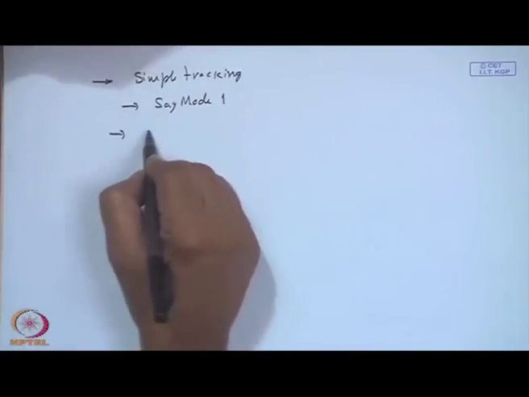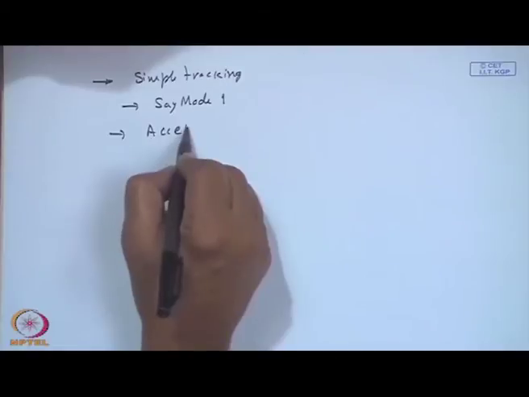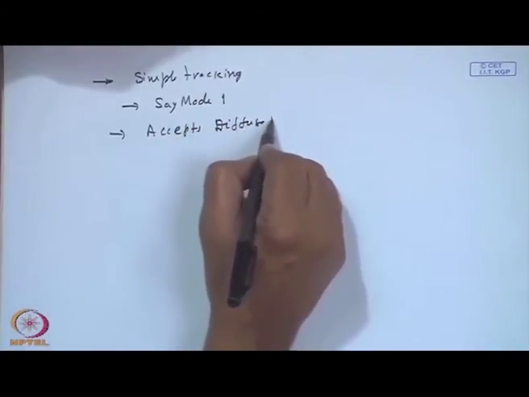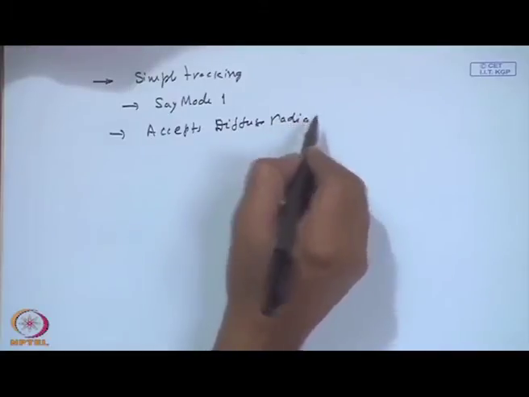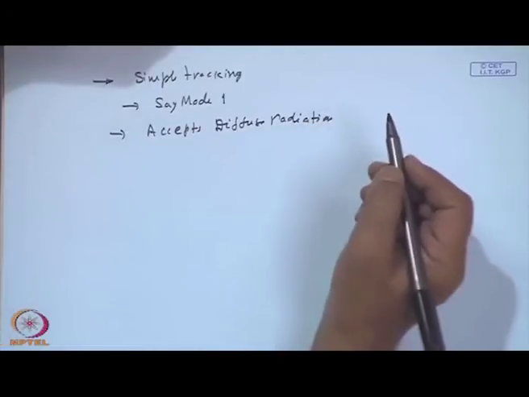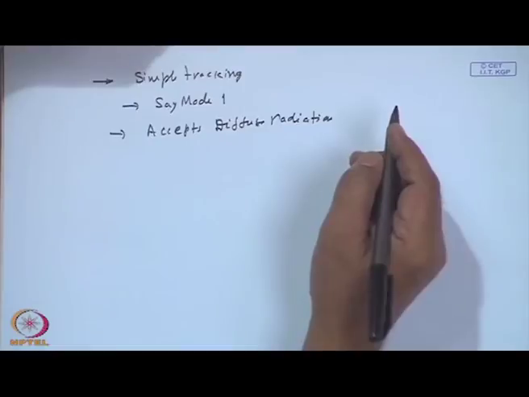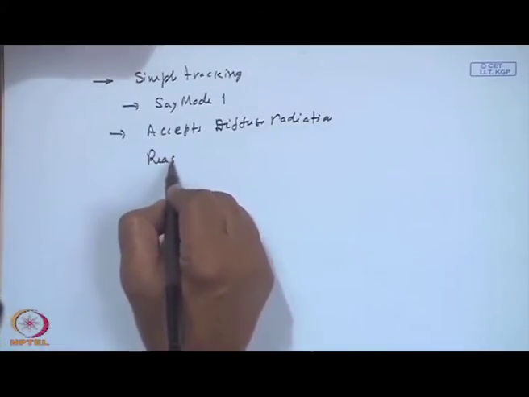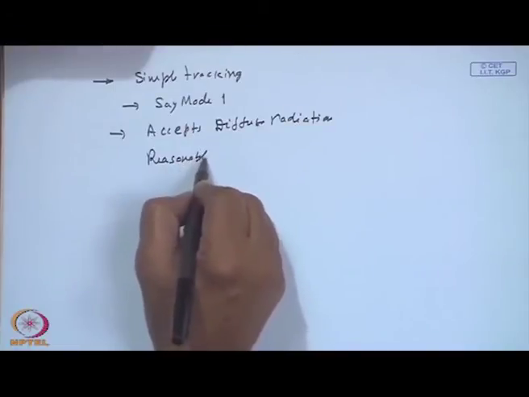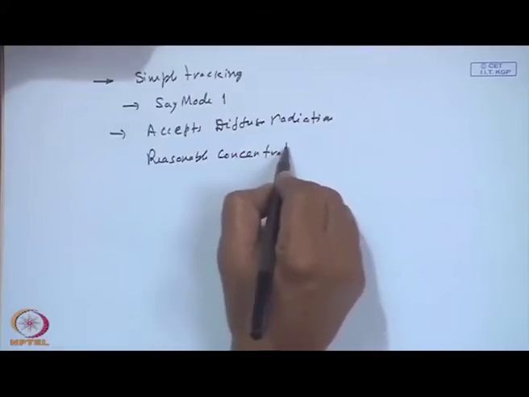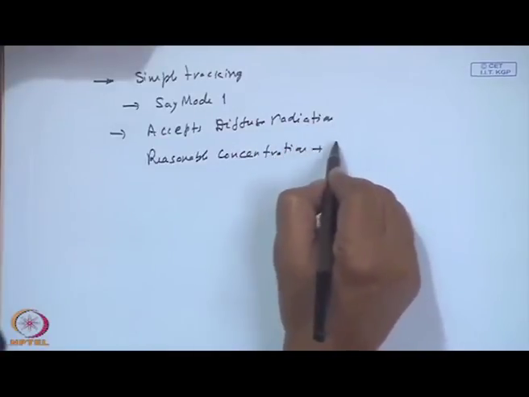Then it accepts diffuse radiation, because whatever enters through capital W width should reach also the receiver area AR, and reasonable concentration like maybe 3.